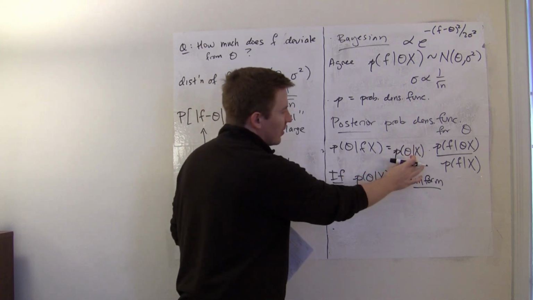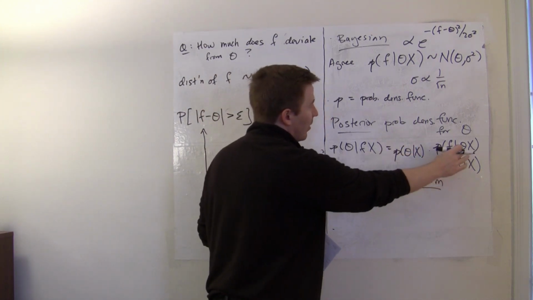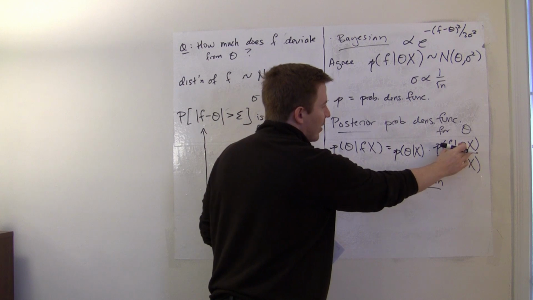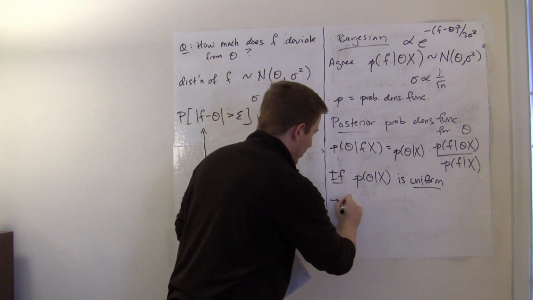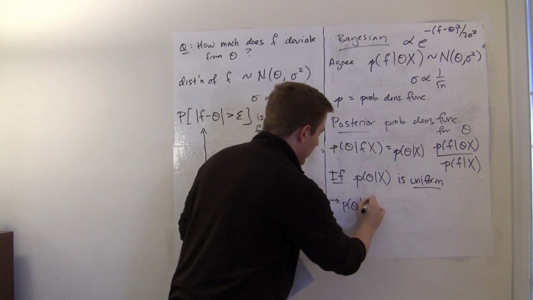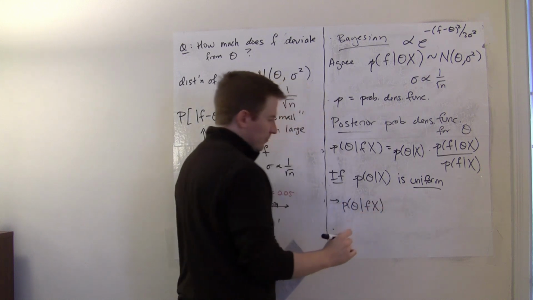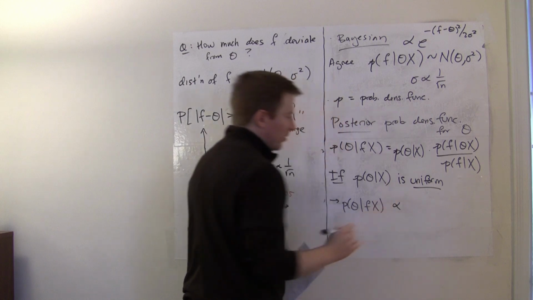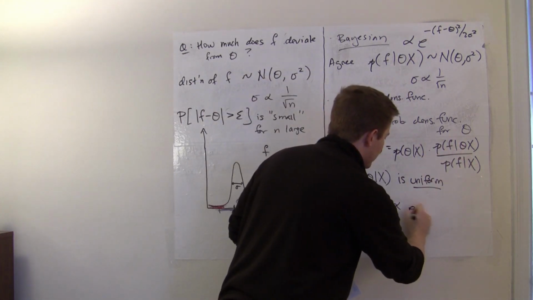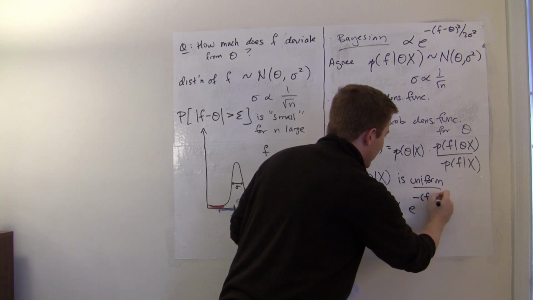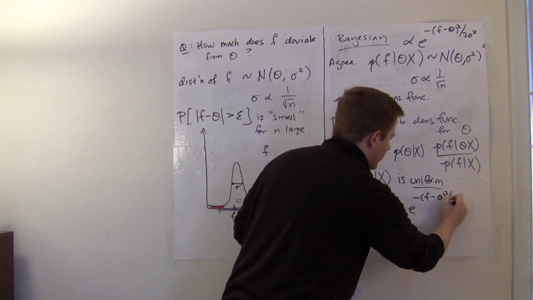We've got a constant here, we've got a constant here, which don't depend on theta. The only thing that's left that depends on theta is this, which is just the same function. So we're going to get a posterior probability assignment that is proportional to this likelihood function, proportional to e to the minus f minus theta squared over 2 sigma squared.